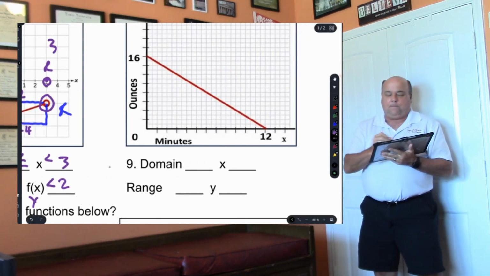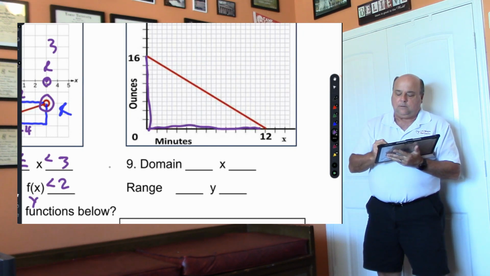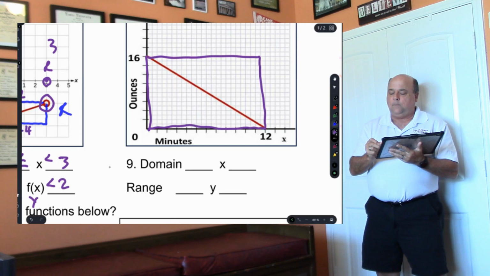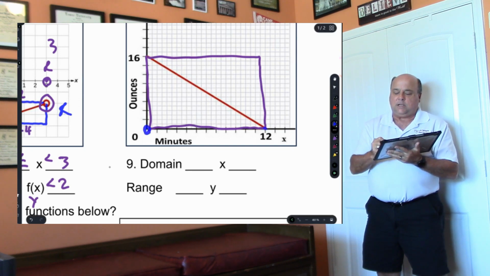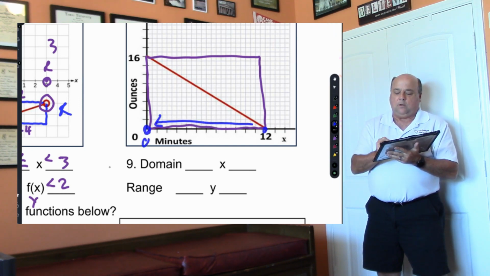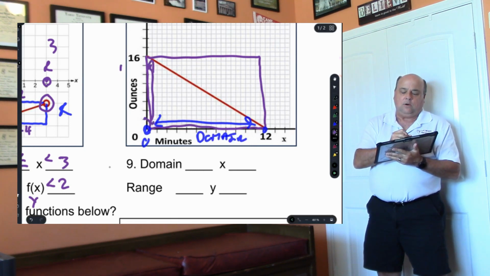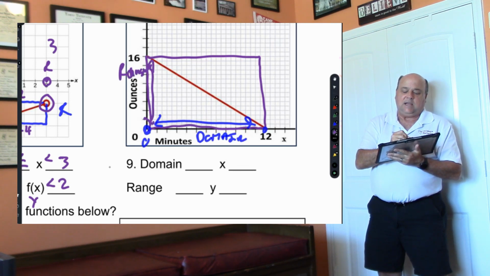If you were to draw a box again, you would get this. Basically, our domain goes from here to here, from 0 to 12. That's your domain. The range goes from here to here, which would be 0 to 16.